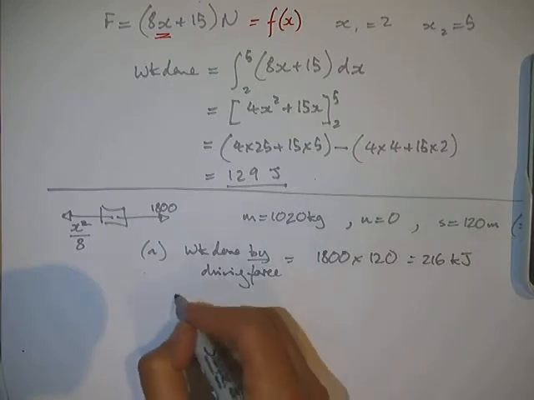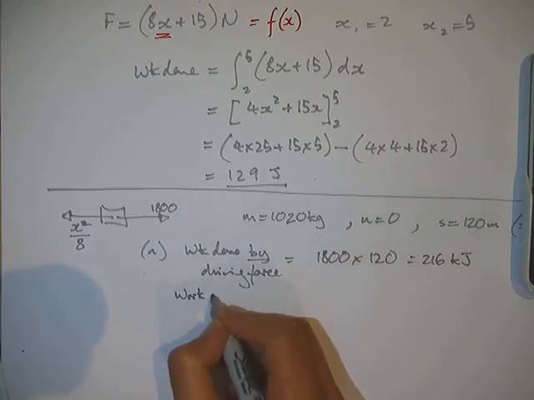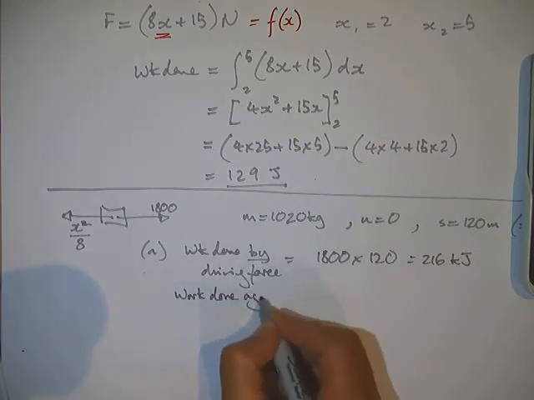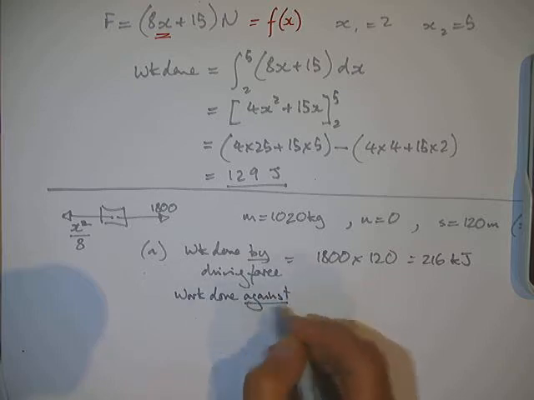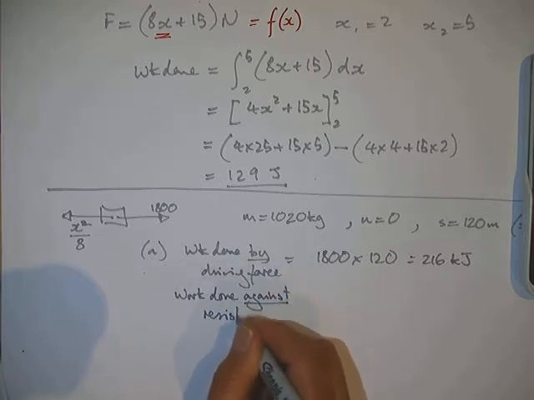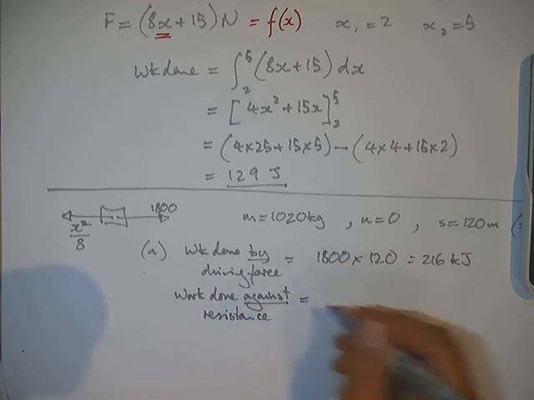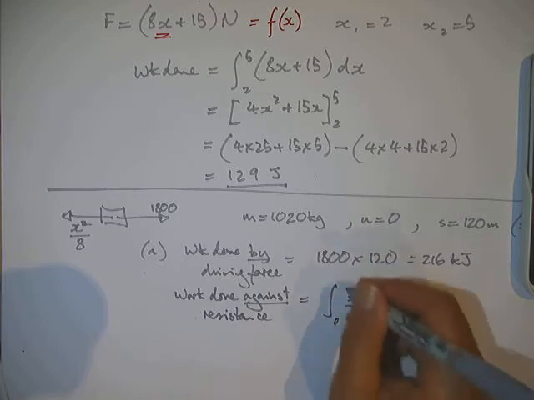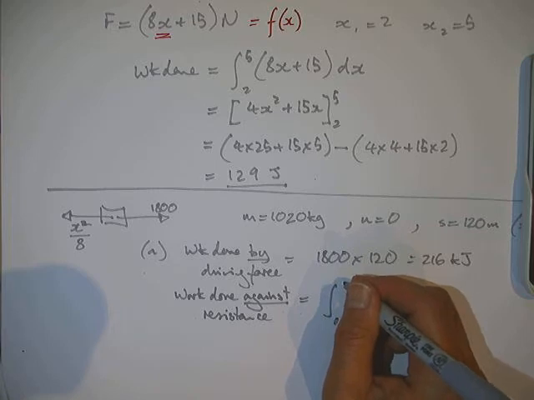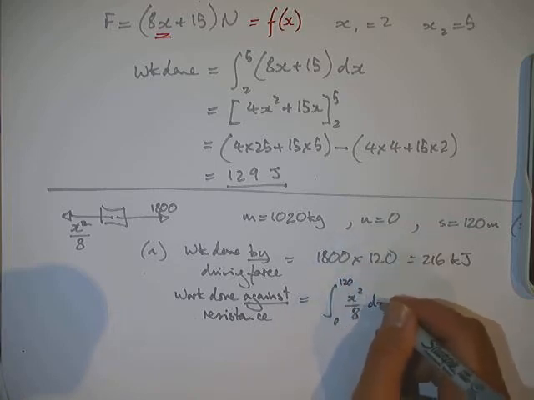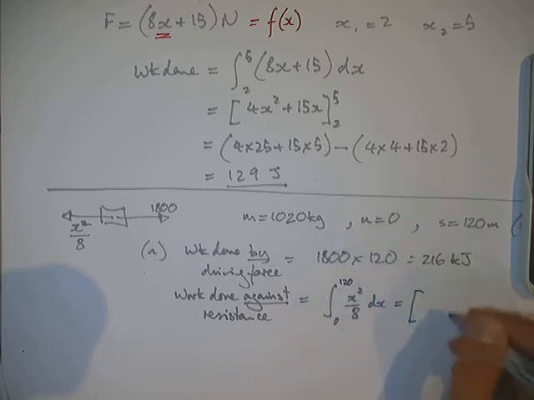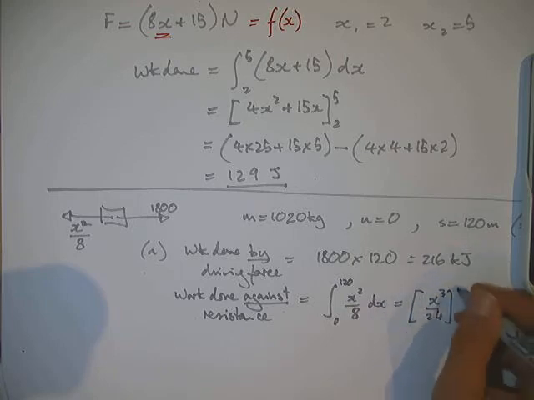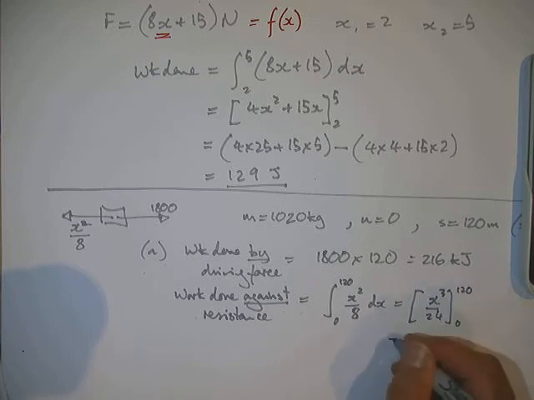Work done against resistance is the integral of x squared upon 8, the force, between 0 and 120 with respect to x. So into x cubed over 24, we put 120 and 0.